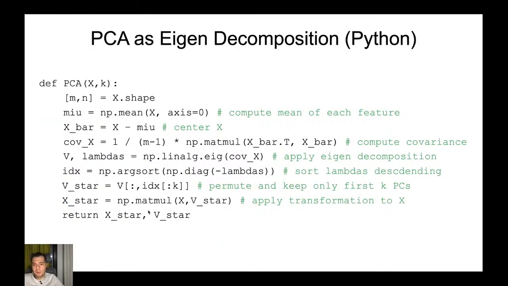So here if you want to, let's say, apply PCA for dimensionality reduction on some supervised model, so let's say we have a model with a lot of features, and we want to reduce the number of features.